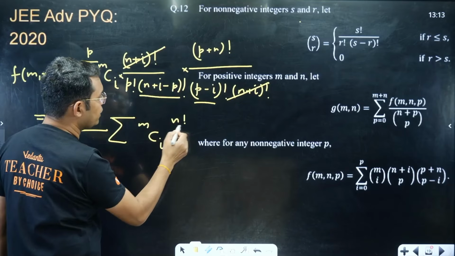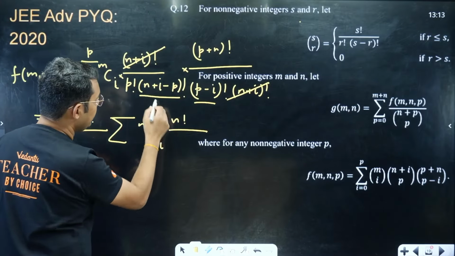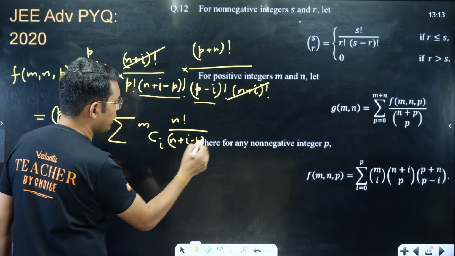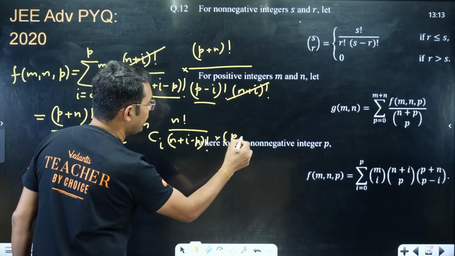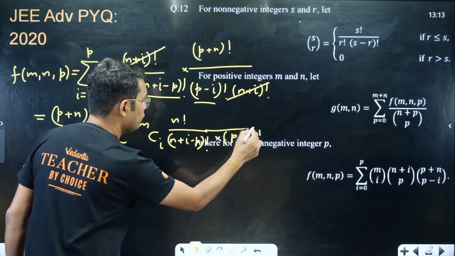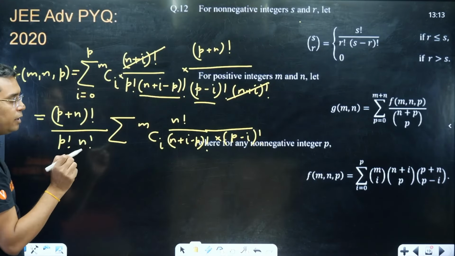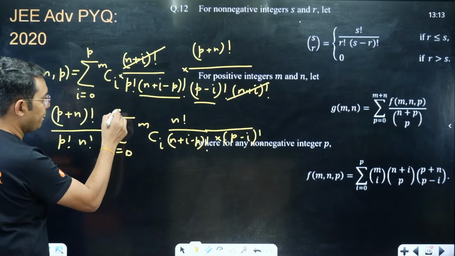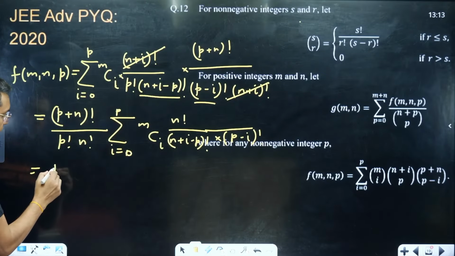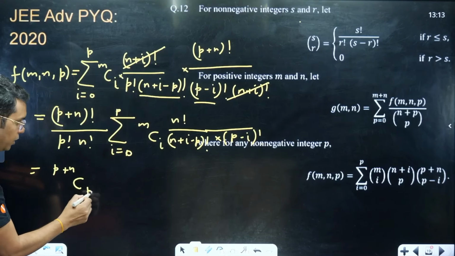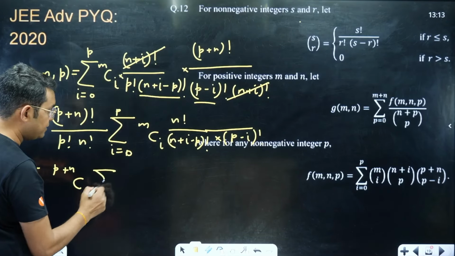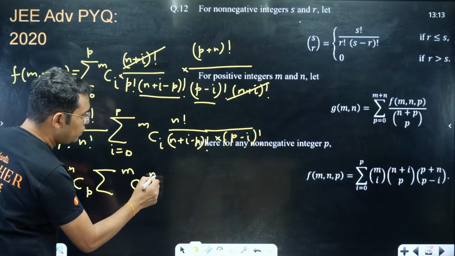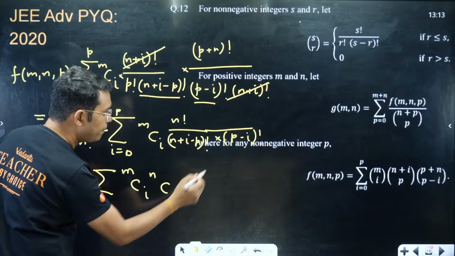So if I write n factorial here, then combining these two, which is n plus I minus p factorial into p minus I factorial, for that I will have to divide by n factorial, and because n is independent of I, I can keep it outside. Now you please see, this is becoming p plus n cp or cn you can write, whereas this summation is MCI into NCP minus I.